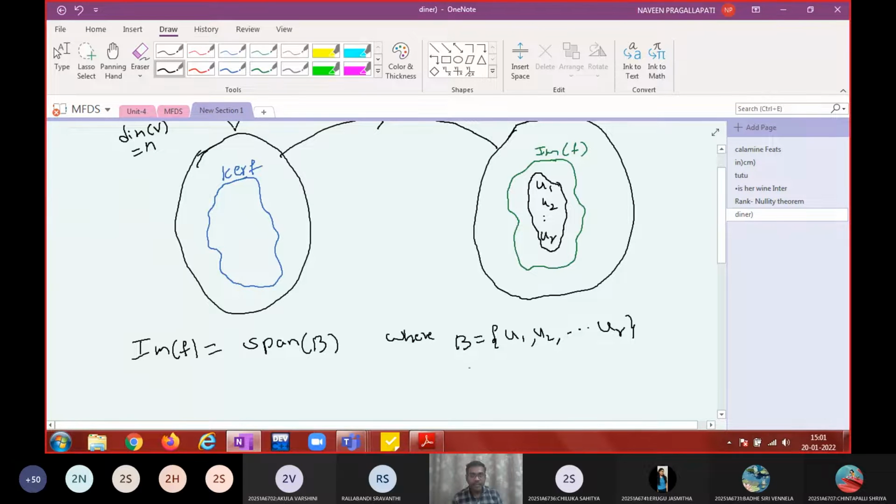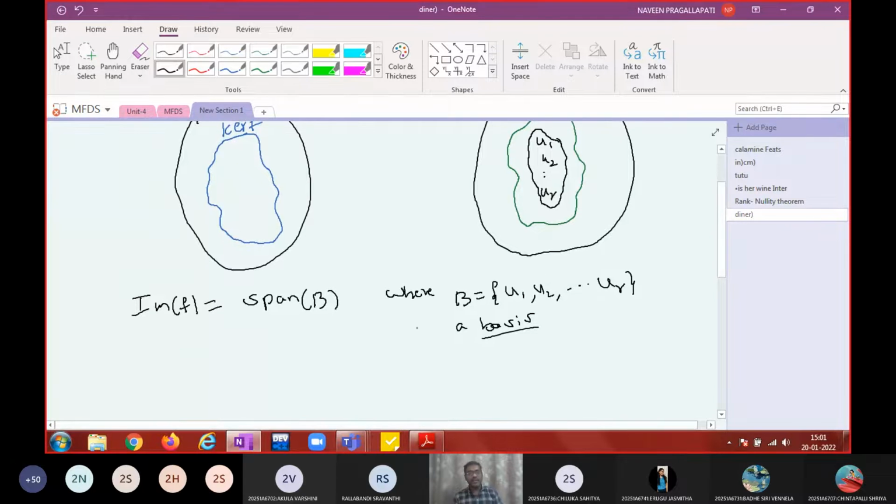What is this? A basis. Basis means it has two qualities. One is that they are linearly independent, and their span is going to be the whole space, in this case the range space. A basis of the image or range space.